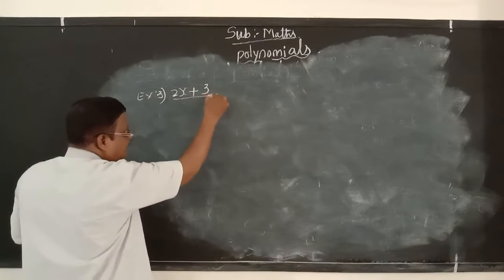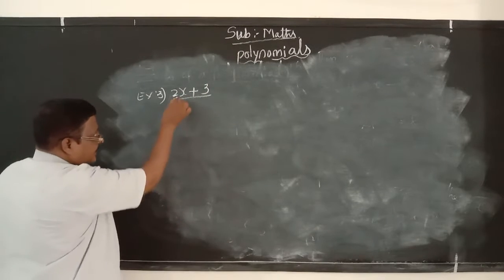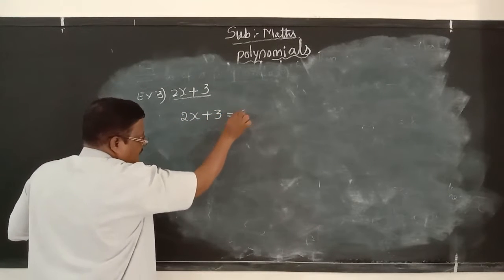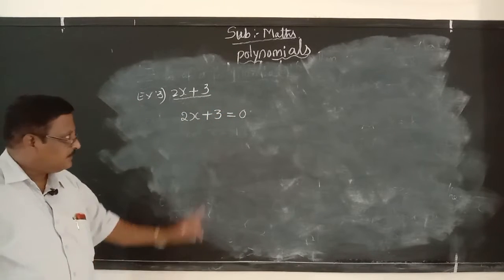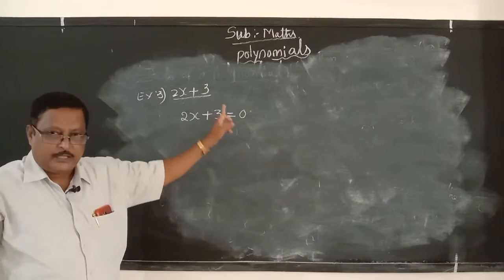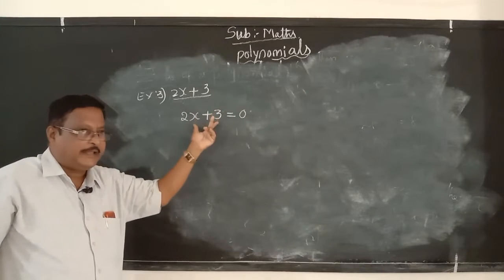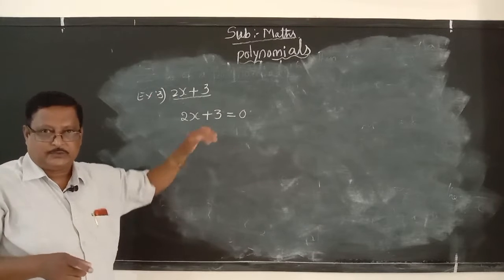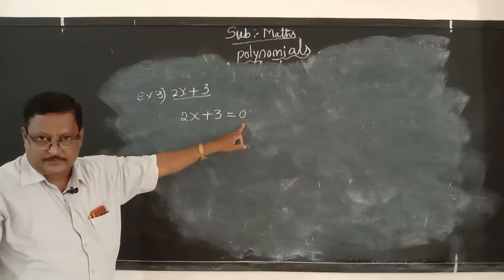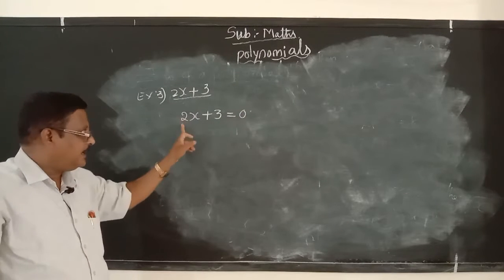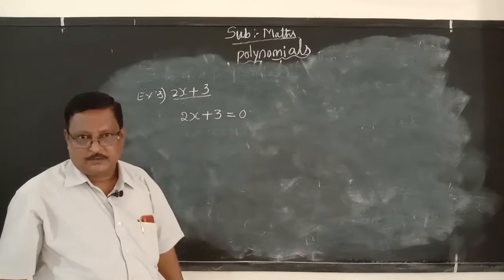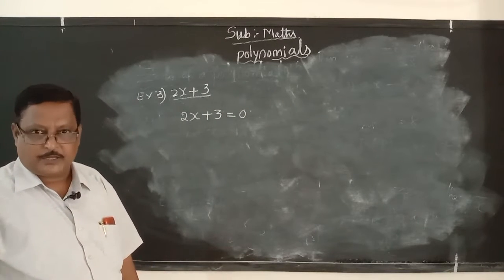There is one easy method. Take the polynomial 2x plus 3 is equal to 0. This is a linear polynomial, and equal to 0 means this is a linear equation. When a polynomial is equal to 0, that is called an equation. Linear polynomial gives a linear equation, quadratic polynomial gives a quadratic equation, cubic polynomial gives a cubic equation.